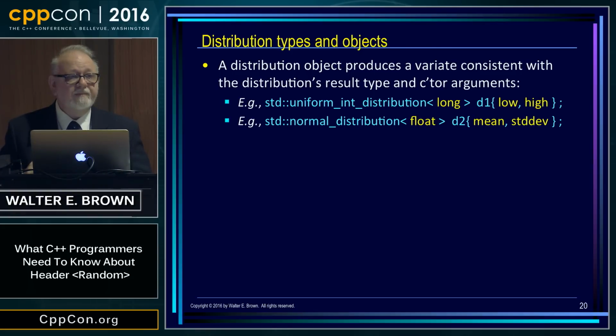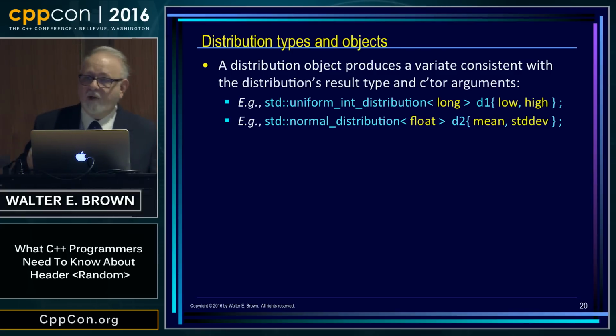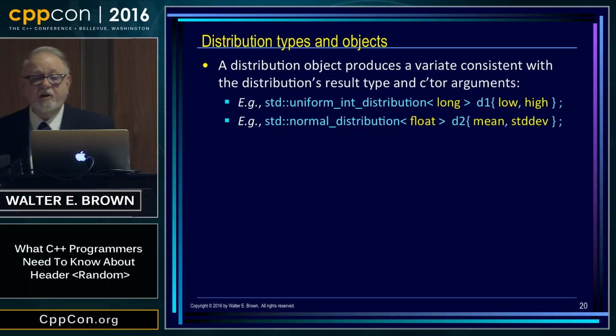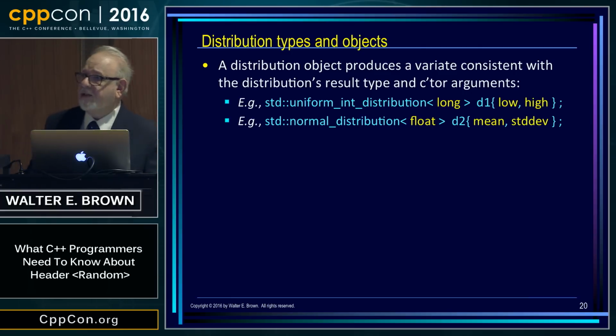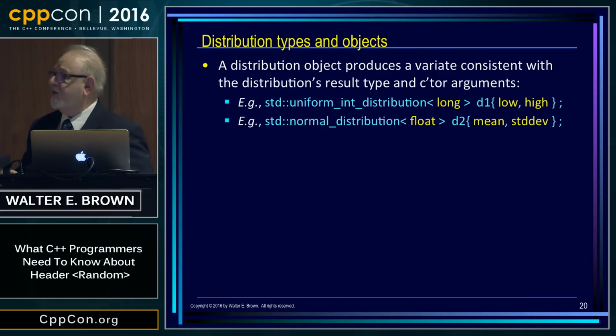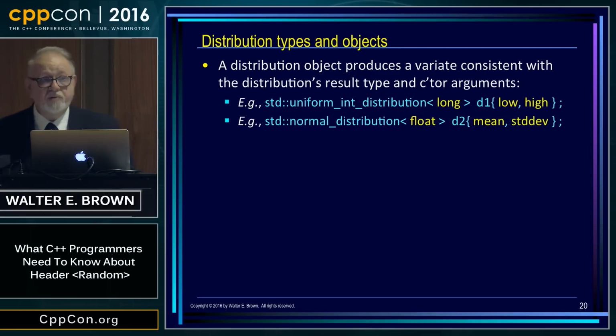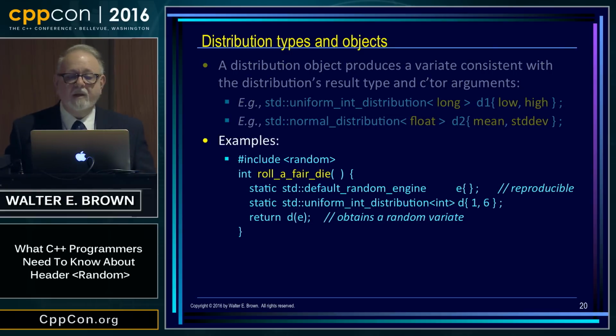Okay? So if you're rolling a die, that'd be 1 and 6. If you want the normal distribution, the bell-shaped curve, again, you tell it what type you want as a result, but it's parameterized according to a mean and standard deviation, very different from low and high. So how you instantiate this depends on what you choose, okay?